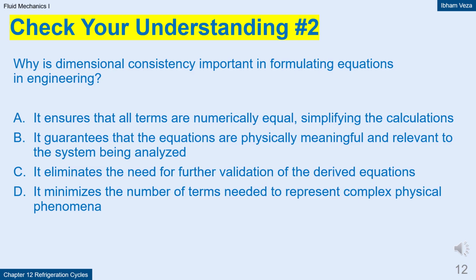A is incorrect because dimensional consistency does not ensure numerical equality, but ensures that terms have compatible dimensions. C is incorrect because dimensional consistency is a validation step, but does not eliminate the need for further checks. D is incorrect because dimensional consistency does not reduce the number of terms. It ensures the terms are compatible within the equation.